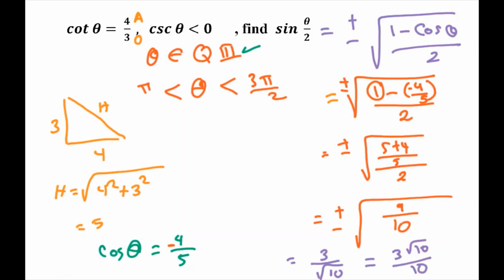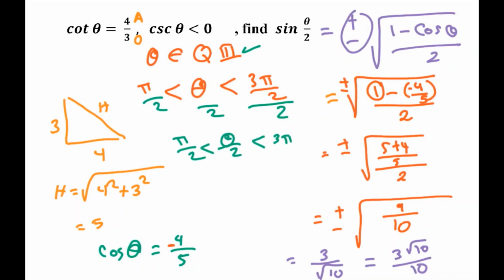Now I need to think about the sign here, which one I'm going to choose. Well, if theta is in quadrant 3, I'm going to divide each one of these by 2. That's going to be theta over 2 is between pi over 2 and 3 pi over 4. Well, if you think about it, pi over 2 and 3 pi over 4 is going to be in this quadrant here, because this is pi over 2. So we're talking about theta over 2 will be in quadrant 2.